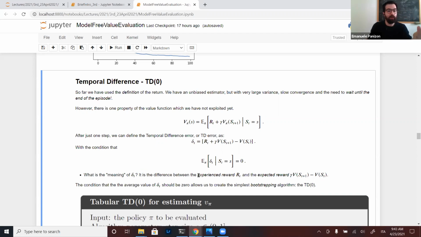Let's do it another way. It's the reward I got, the real reward which I experience now, and the other thing is the reward which this V minus gamma V.